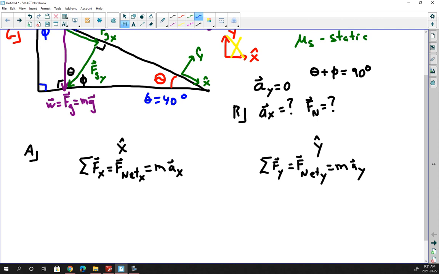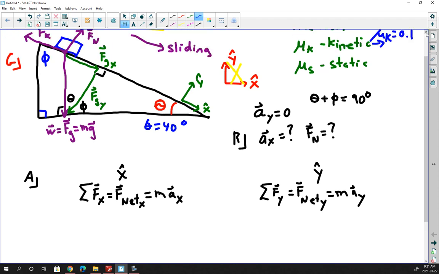If you take a look here, when you're looking at the x direction, you've got force of gravity x component, plus force of kinetic friction is equal to mass times acceleration in the x direction.